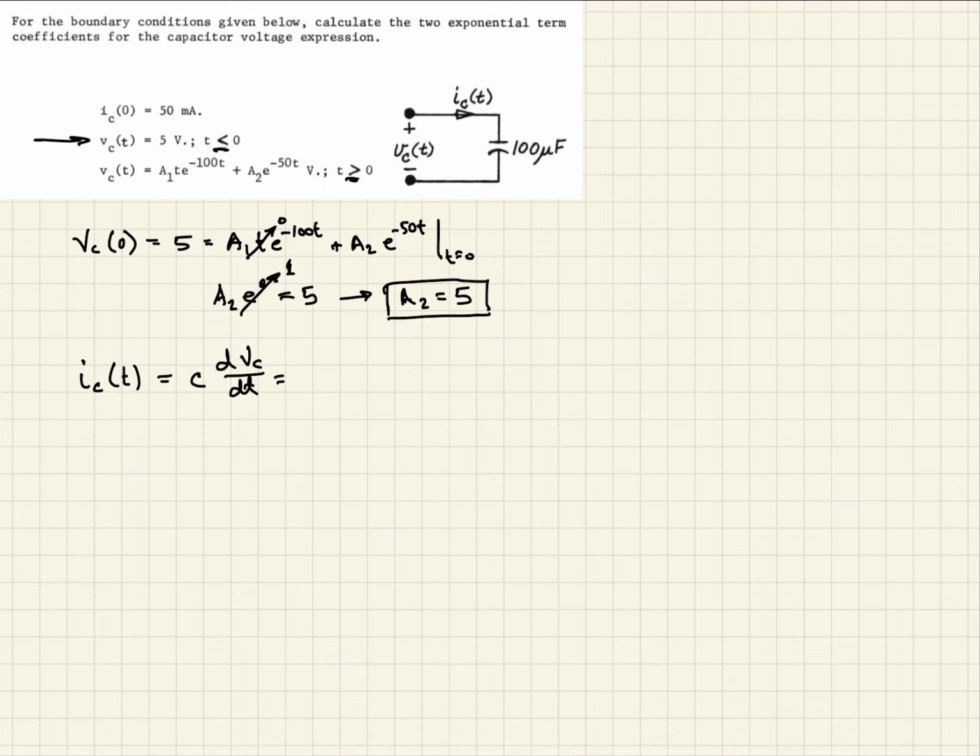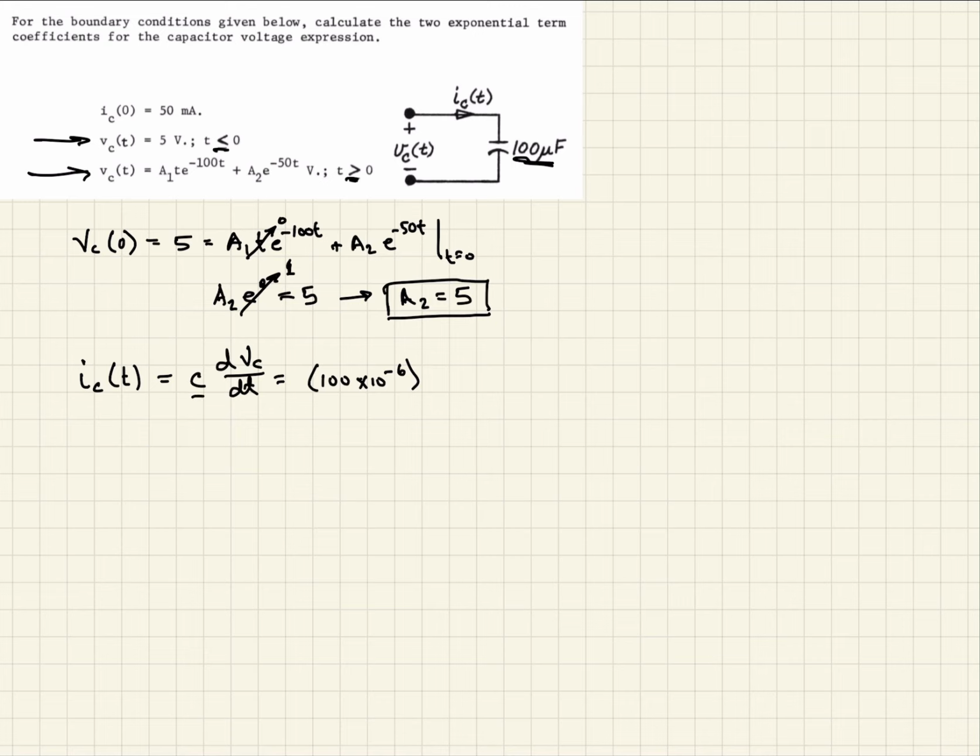So in this case, we'll be taking the derivative of this guy here. When we do that, we will have 100 times 10 to the minus 6, so that's my capacitance, that first term.